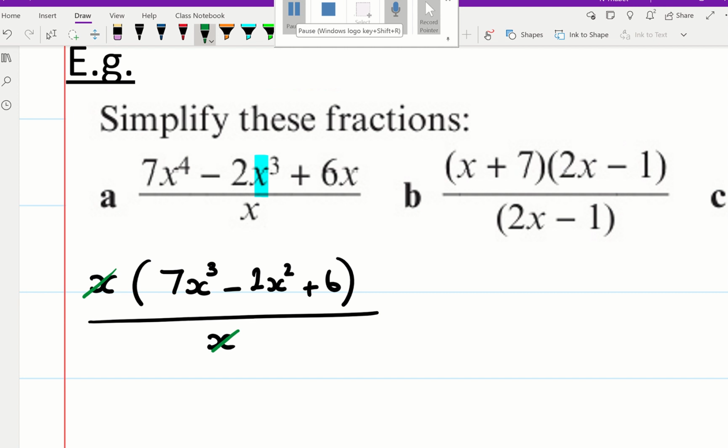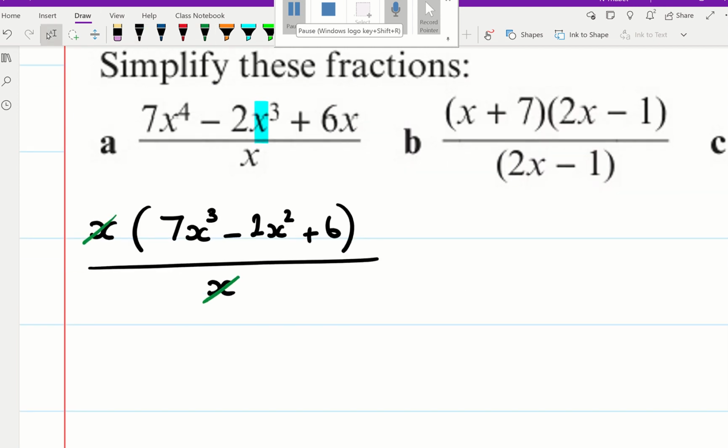And x divided by x is 1, and so the final answer is 7x cubed minus 2x squared plus 6. Now, at this point, you don't have the skill to factorize this anymore, so you would leave it like that. In the next sections, you will learn how to find factors of cubic functions, but the question will make it clear whether they want you to fully factorize something and whether you're able to do that.